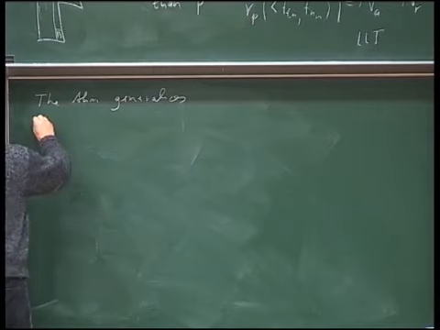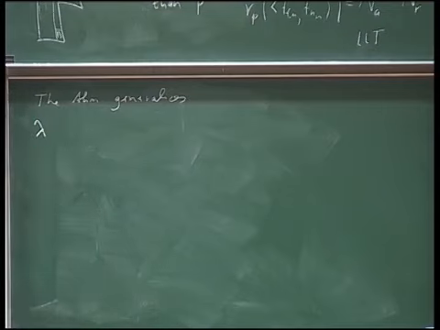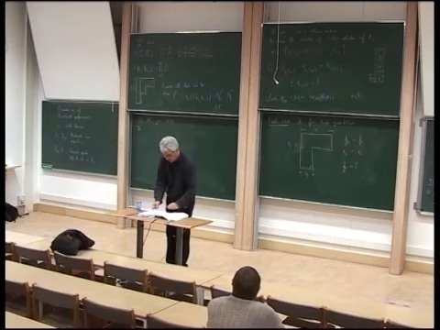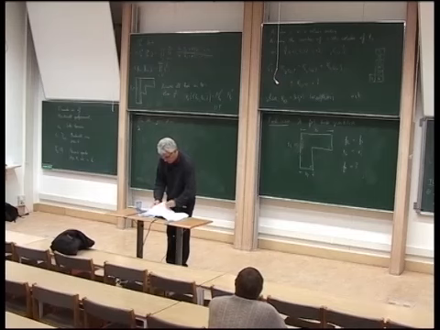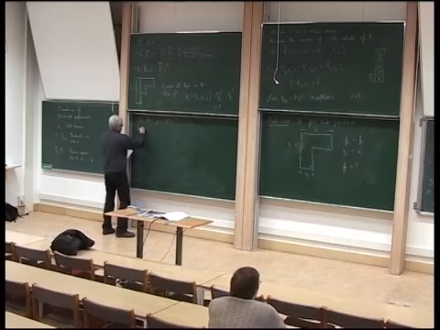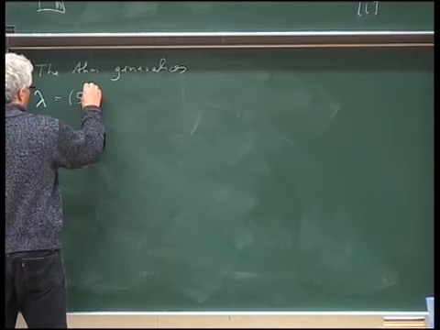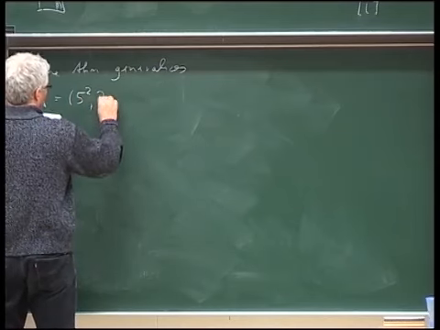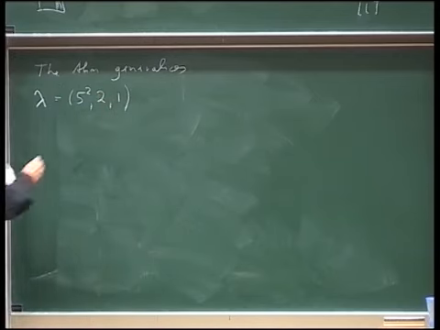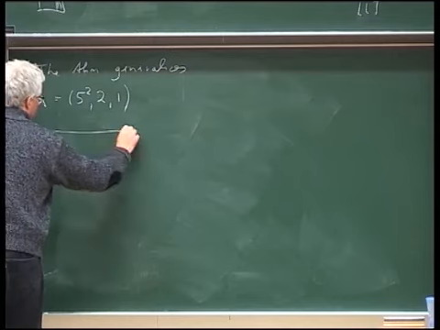I just show the generalization here by taking an example. So I take lambda equal to 5 squared. So I have the Young diagram like this.